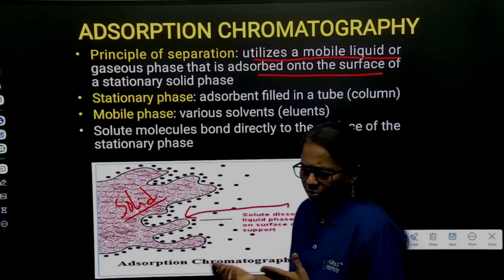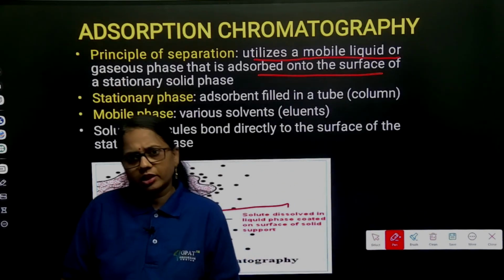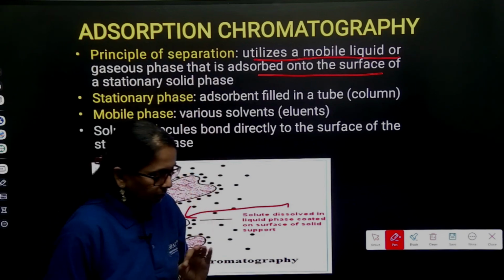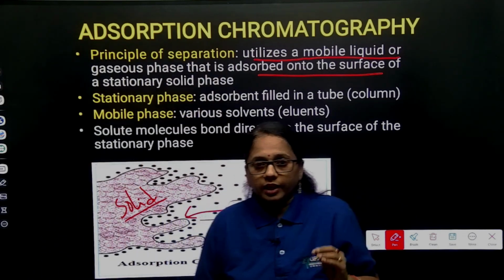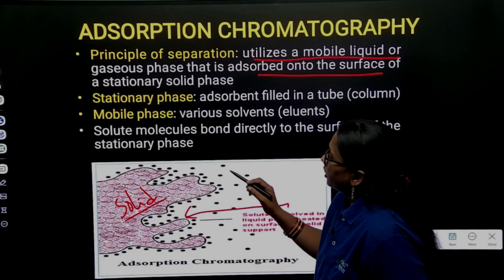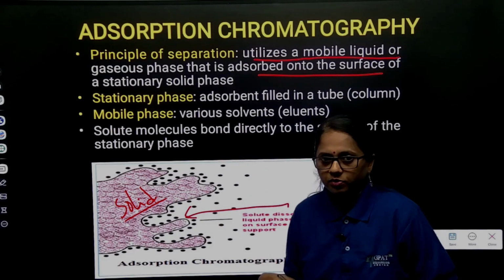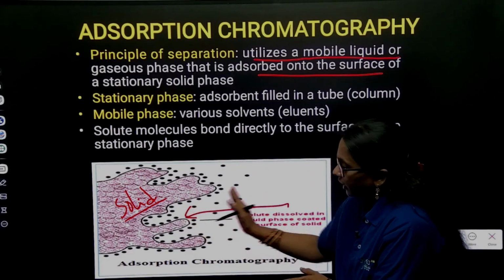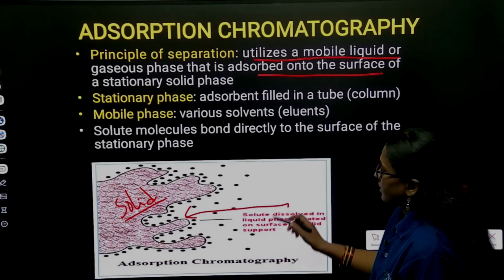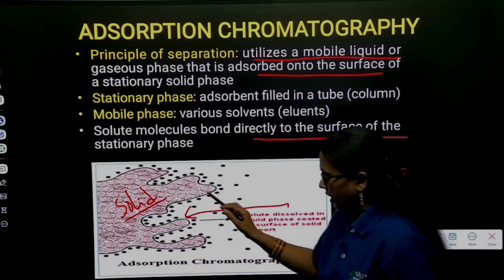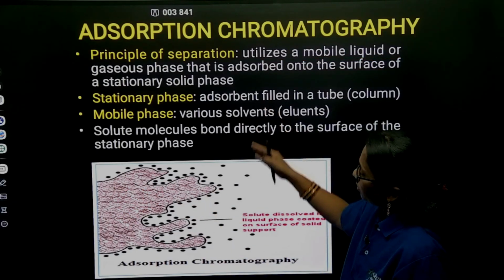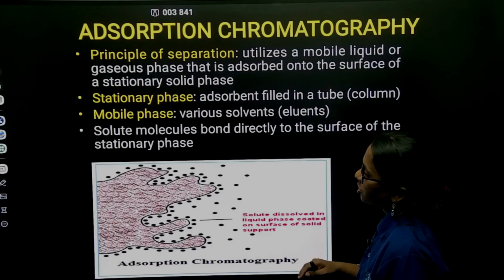The mobile phase could be a liquid mobile phase or a gas mobile phase also, but the adsorption term is going to be categorized according to the stationary phase only. And here we can use different types of the mobile phase in order to take away these solutes from the stationary phase, and these solute molecules are going to be directly bound to the surface of the stationary phase. So this phenomenon is going to be called adsorption chromatography.